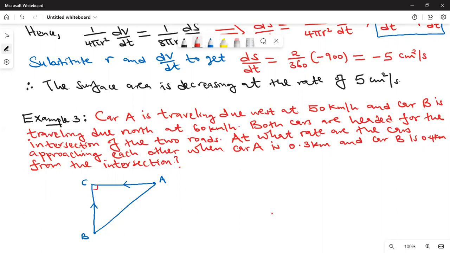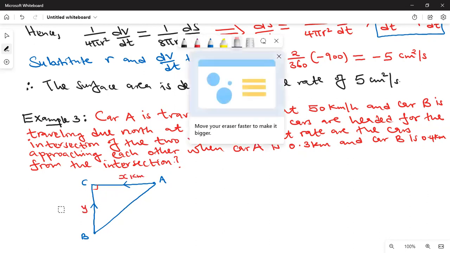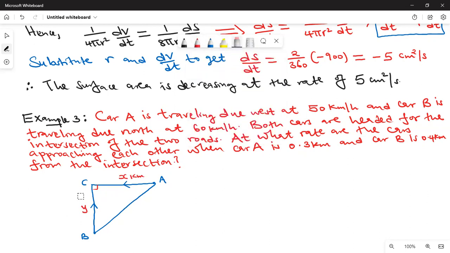Now, I don't know the speed at any time t. So we are going to say let the distance be x kilometer, that is from where A is to the intersection, and that of B to be y kilometer.